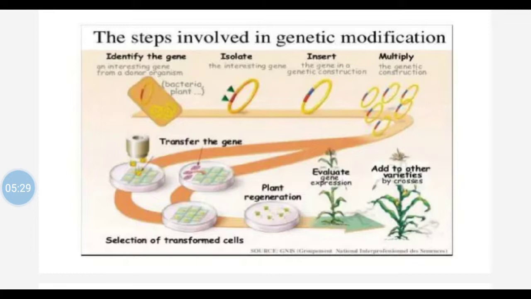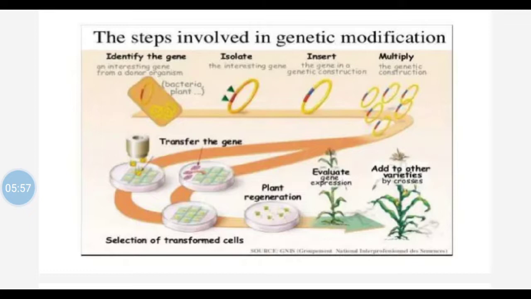First, an interesting gene from a donor organism is isolated and it is then inserted. So first we have to identify which gene we have to insert in a fruit material or vegetable material.